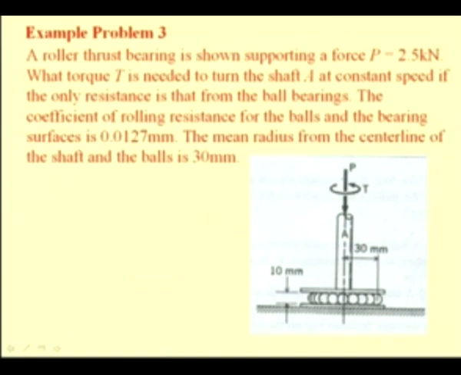It has to support a load of P, and in order to keep this shaft in rotation we need to apply this torque T. So, if the coefficient of rolling resistance is 0.127 mm and the various other dimensions are given, we are interested to find the value of the torque required to keep the shaft in rolling motion.